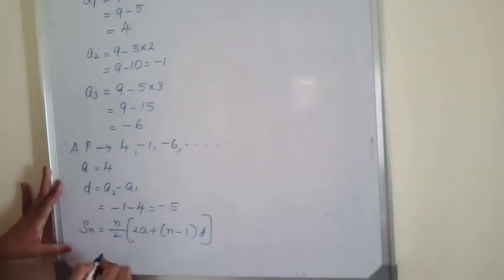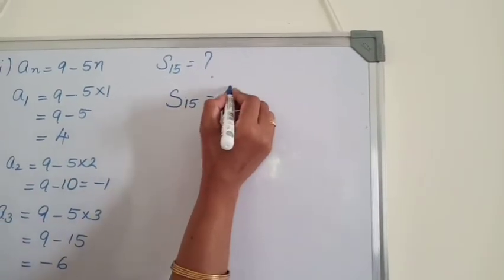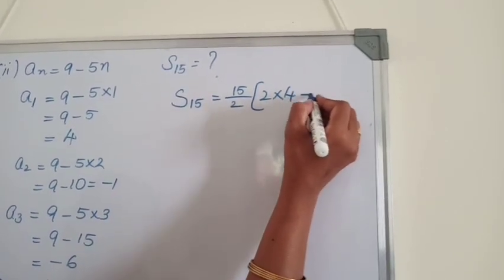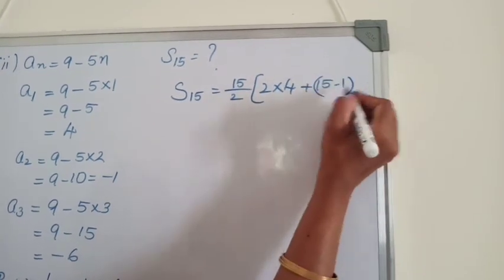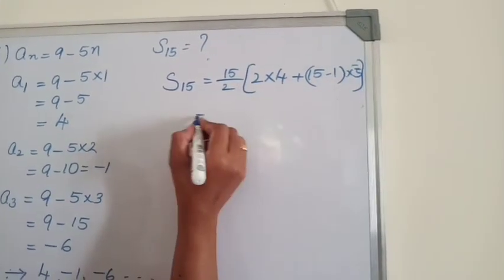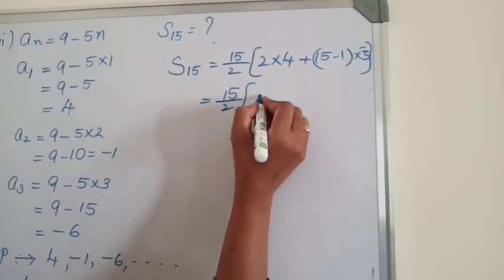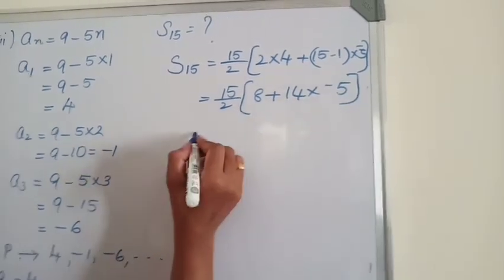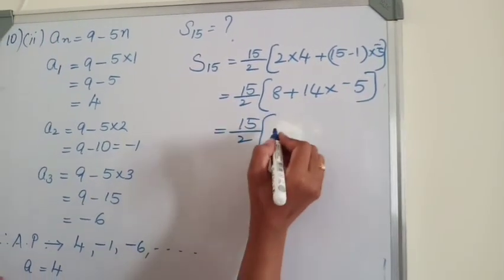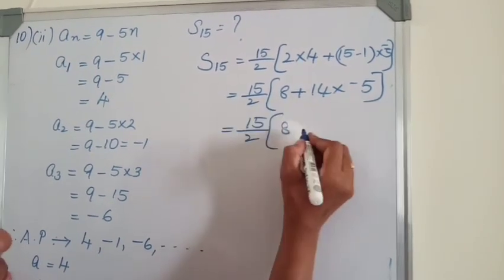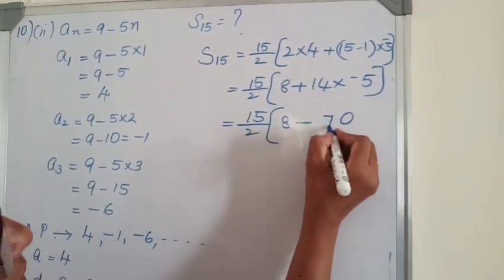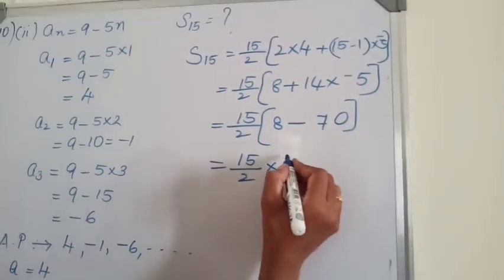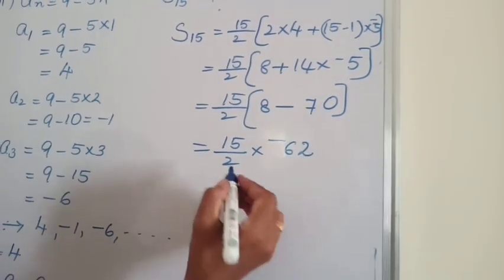As we want to find the sum of 15 terms, S15 equals 15 by 2 into 2a, a is 4, plus 15 minus 1 into d, which is minus 5. 15 by 2 into 8 plus 14 into minus 5. 15 by 2 into 8 minus 70. 15 by 2 into minus 62. 2 cancels.